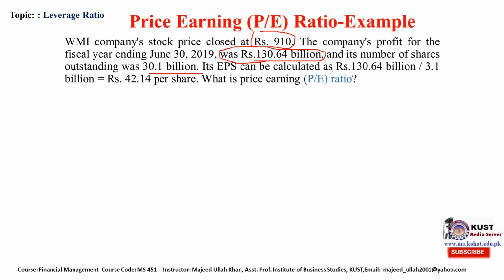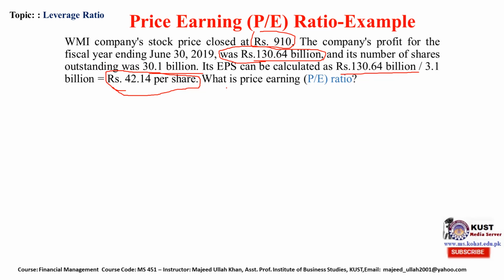Earning per share can be calculated as 130.64 billion divided by 3.1 billion. Now 42 is basically the earning per share. What is the price earning ratio?